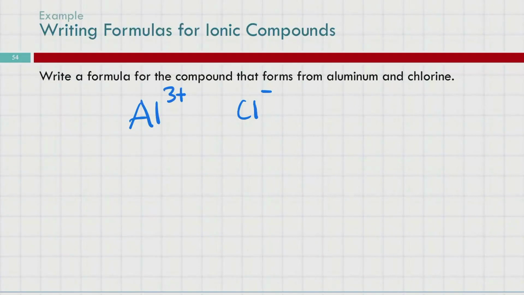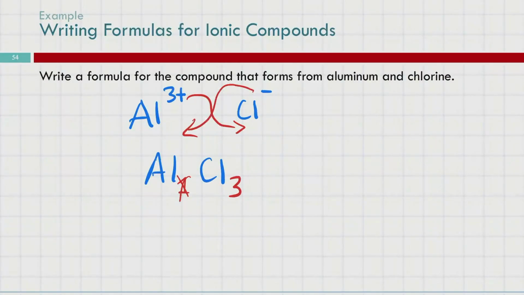And then you can either do it in your head and come up with the formula, or like we're going to do here, we crisscross them. So a subscript of 1, again this is implied so we don't need to write it in, on our aluminum. And our chlorine gets a subscript of 3.